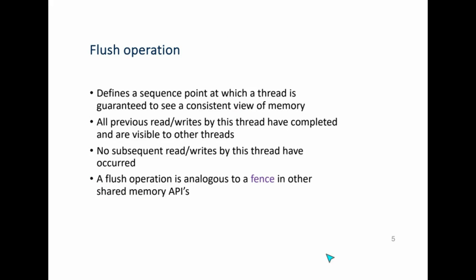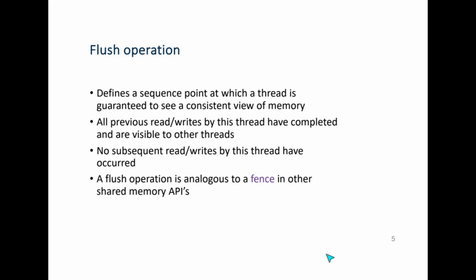So what does this flush operation do? It defines a point at which a thread is guaranteed to see a consistent view of memory. It guarantees that all previous reads and writes by this thread have completed, and that any side effects of those reads or writes are now visible to other threads.